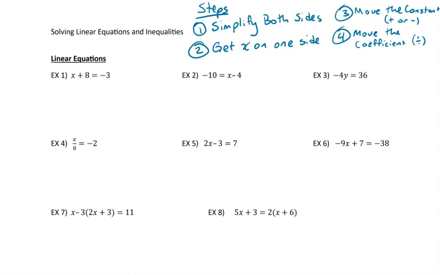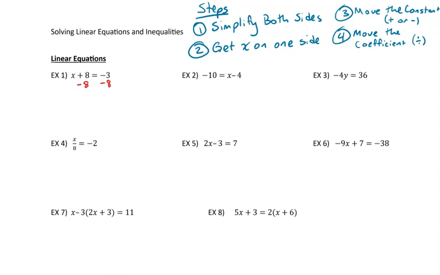Okay, so to be able to solve this one, the thing that we want to move is the constant. So we want to move this plus 8 and get it away from x, because in the end we want x equals some number. So if it's x plus 8, the opposite of that would be minus 8.